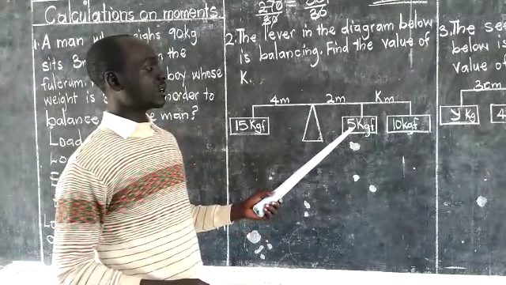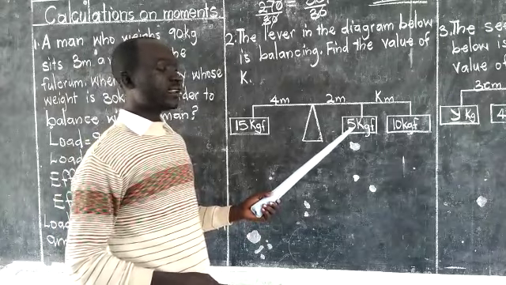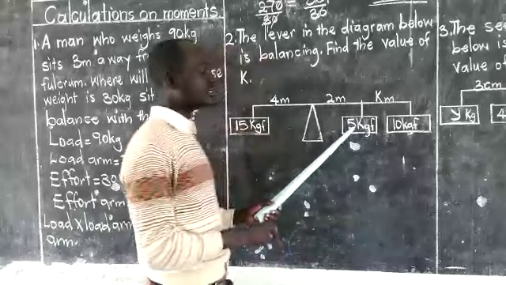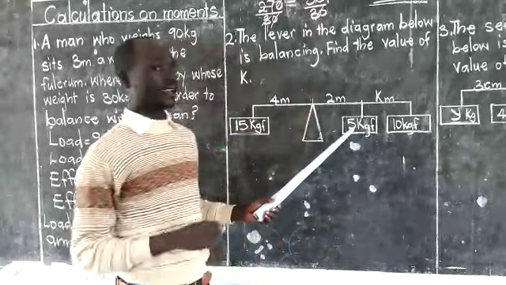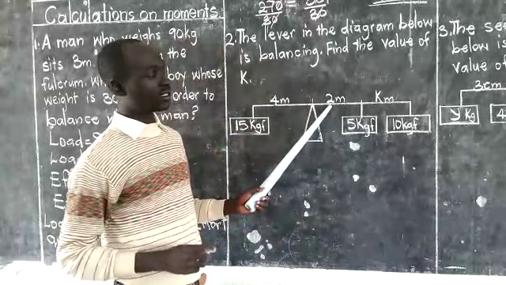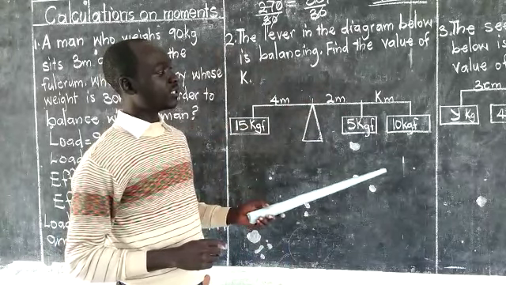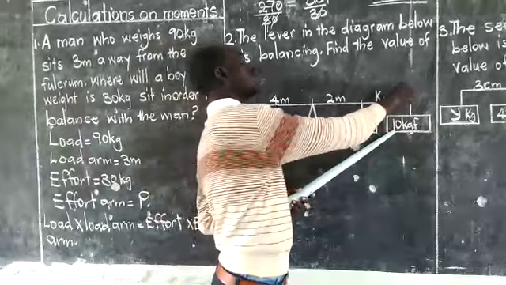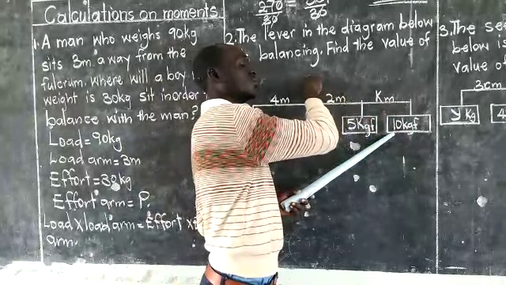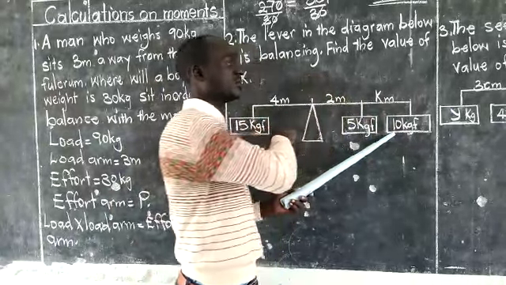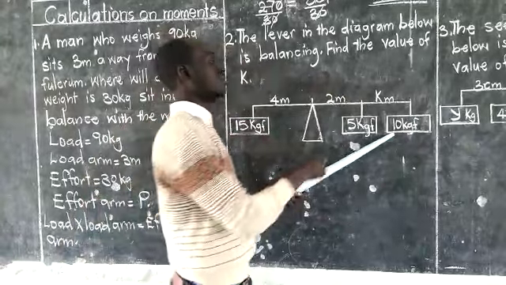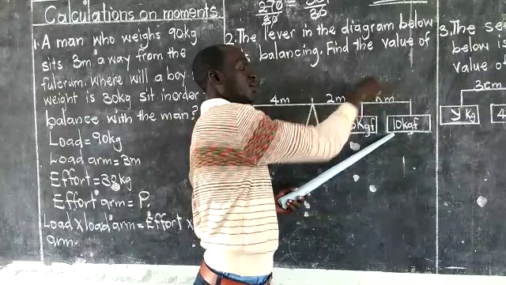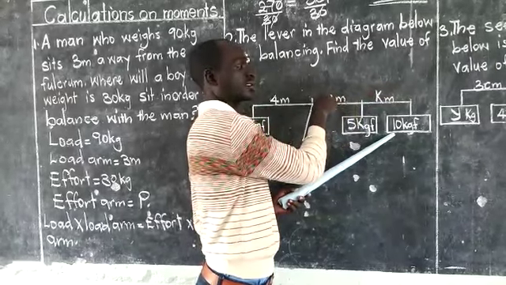We have 5 kilograms force, with the arm from where the 5 kilograms force is to the pivot being 2 meters. Then we have another weight which is 10 kilograms force. From the 10 kilograms force up to the pivot, the turning point, the arm there is K meters plus the 2 meters.